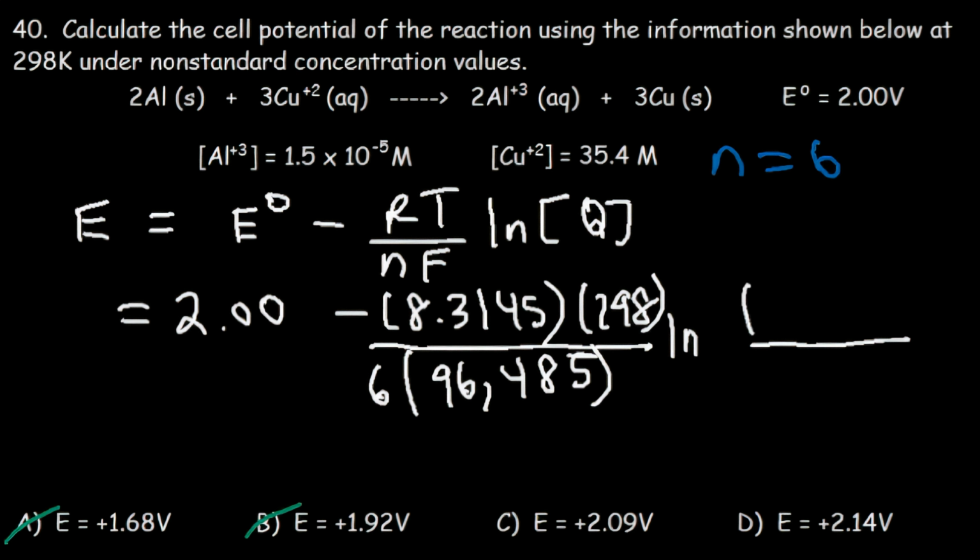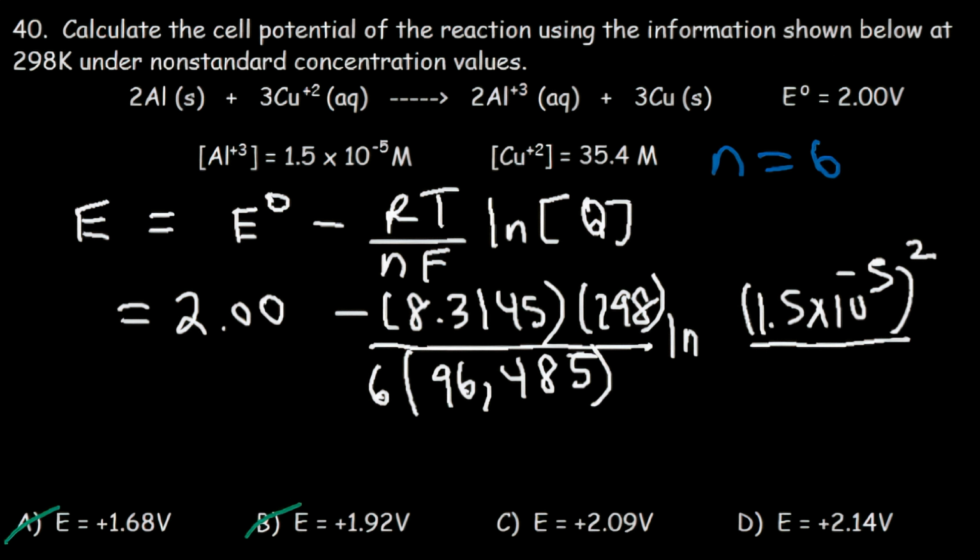So for aluminum, which is the product ion, it's 1.5 times 10 to the minus 5 raised to the second power. By the way, we can't include the solid copper or the solid aluminum because liquids and solids should not be included in the equilibrium expression or in the reaction quotient, just in case you were wondering.